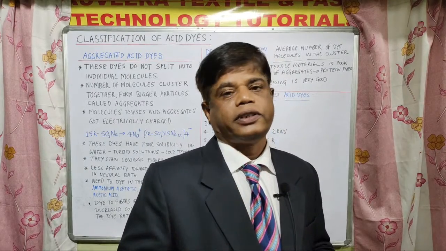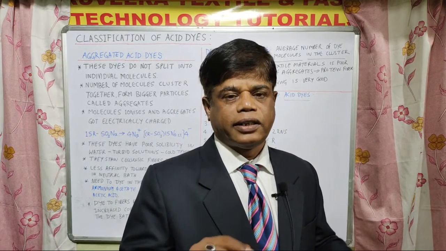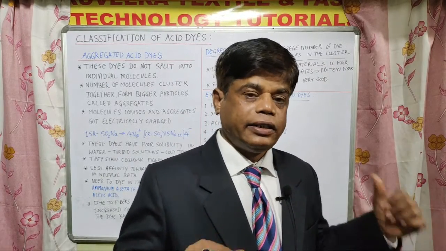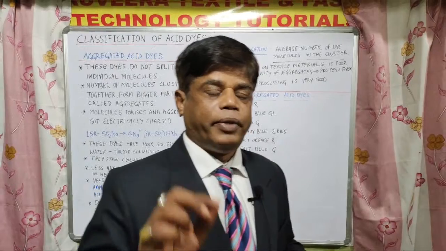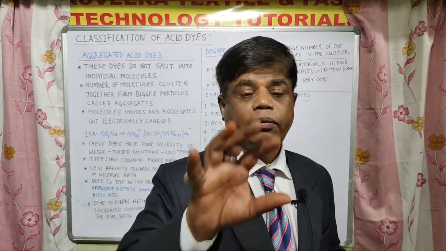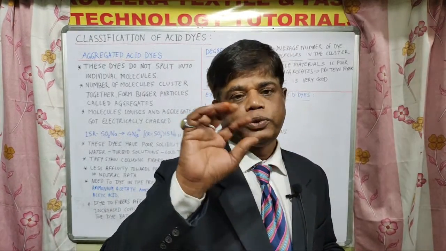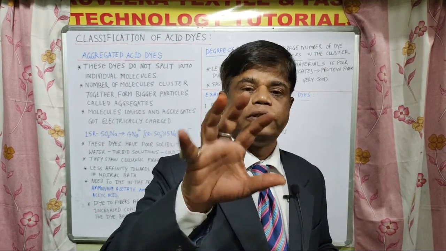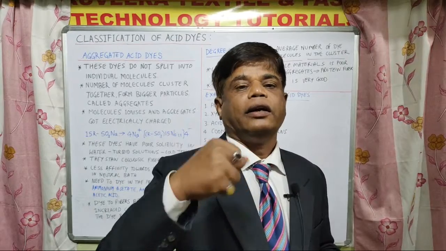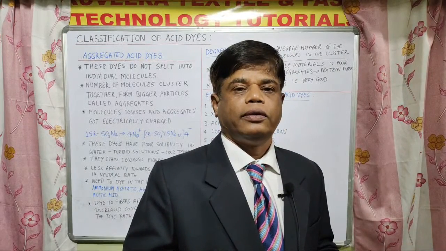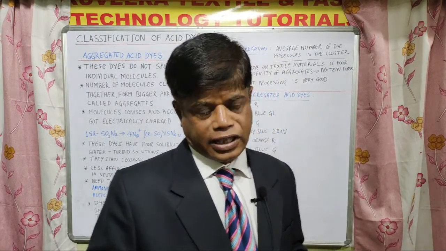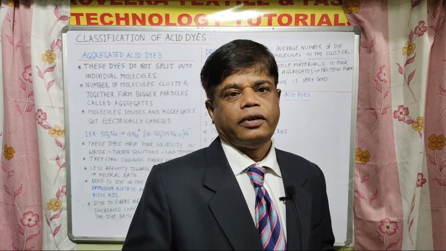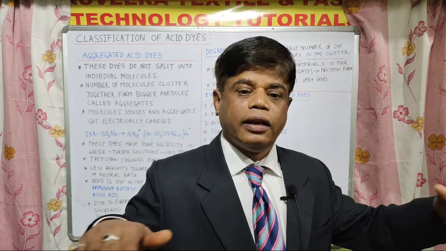If individual molecules are taking part in the dyeing, then level dyeing can be achieved. But in these aggregated acid dyes, because groups of thousands of molecules, 2000 molecules, 10,000 molecules together play a role in dyeing of textile materials, yarns or fabrics, we cannot expect level dyeing.